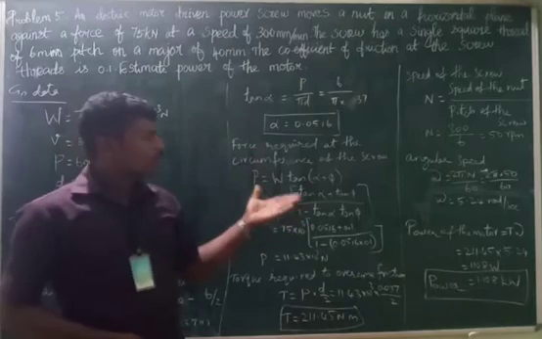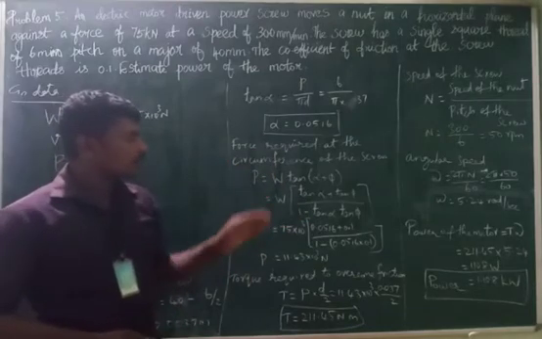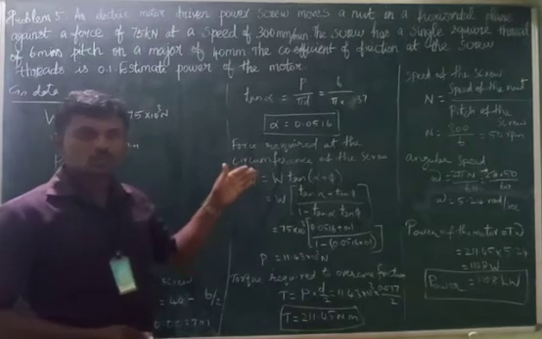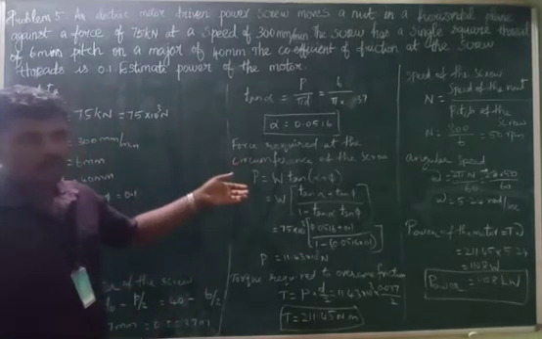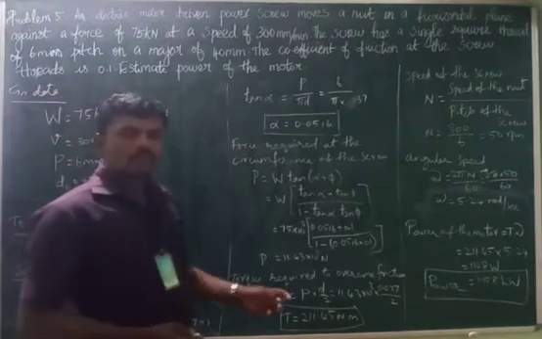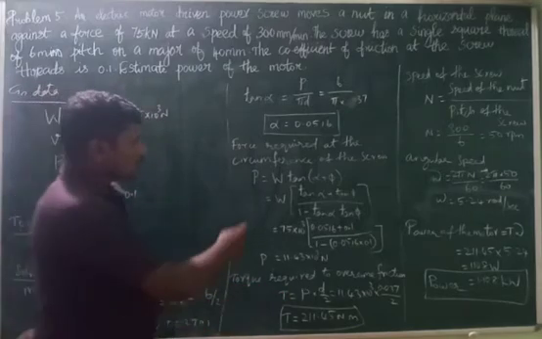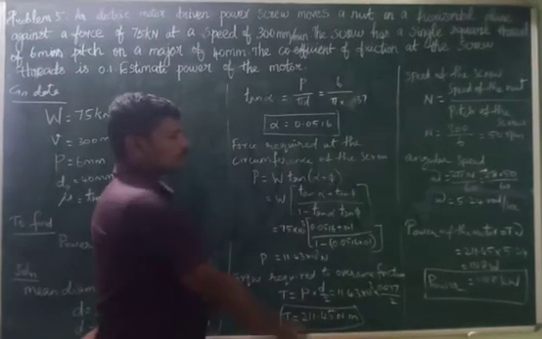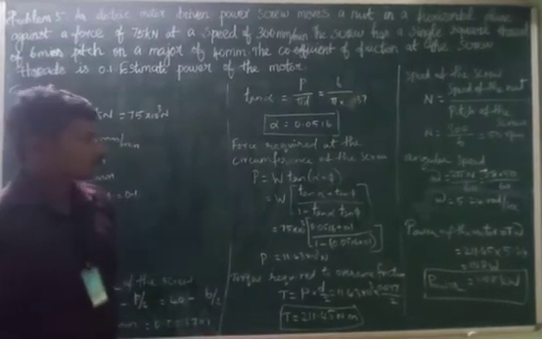Then we need to find the force required at the circumference of the screw. Why are we finding this force? Because we need to find the value of torque. The formula for force required is W tan of alpha plus phi.